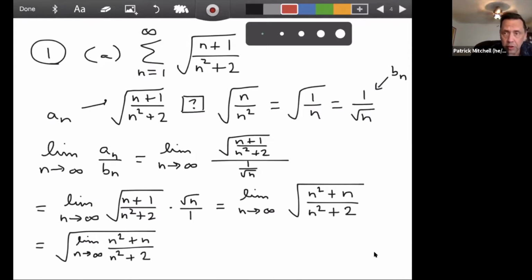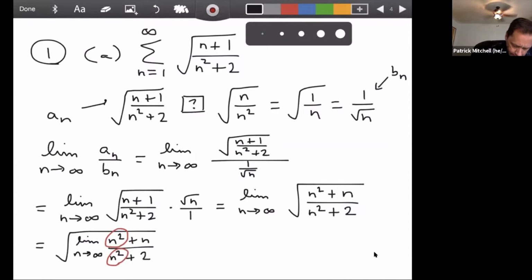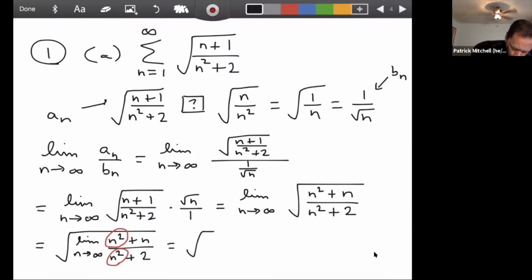All you have to do is look at the dominant terms. And if the dominant terms have the same degree, then the limit is just the ratio of the leading coefficients. So in this case, this limit would be 1 over 1, which is the square root of 1, which is 1. 1 is a finite positive number.